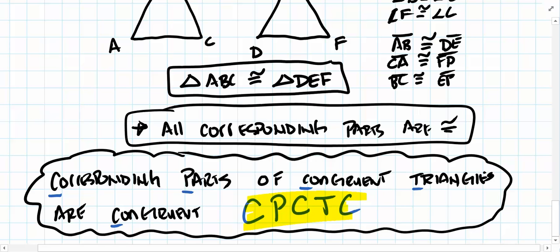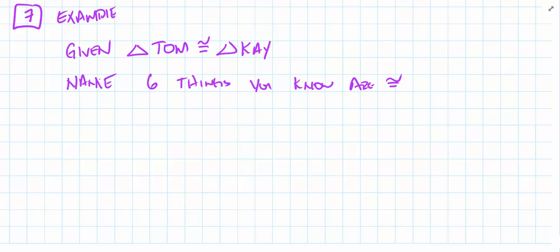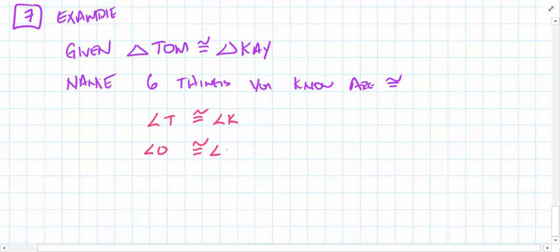Okay, here's an example. Given triangle TOM is congruent to triangle KAY, give me 6 parts that you know are congruent. What are the 6 things that you know that are congruent? Okay, angle O is congruent to angle A. What else do you know? Angle M is congruent to angle Y. Those are 3 things.